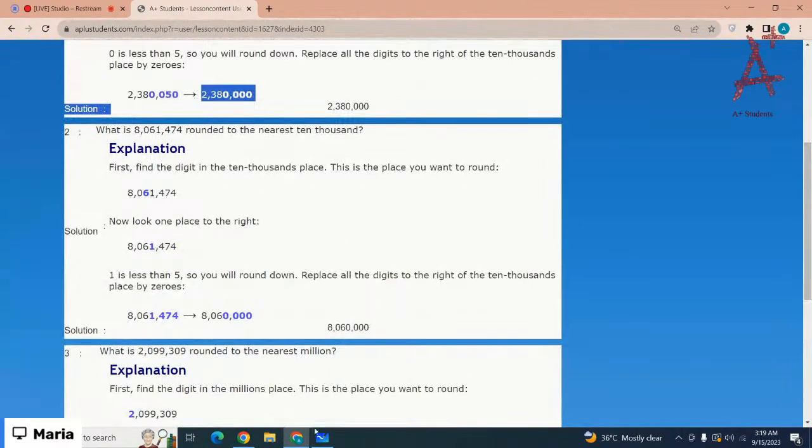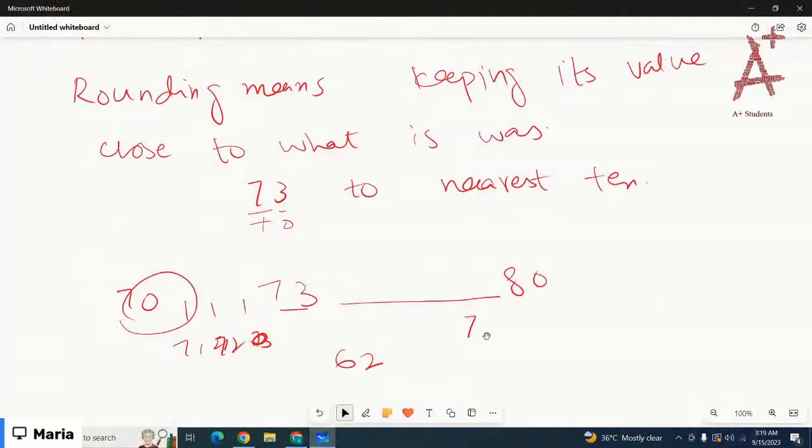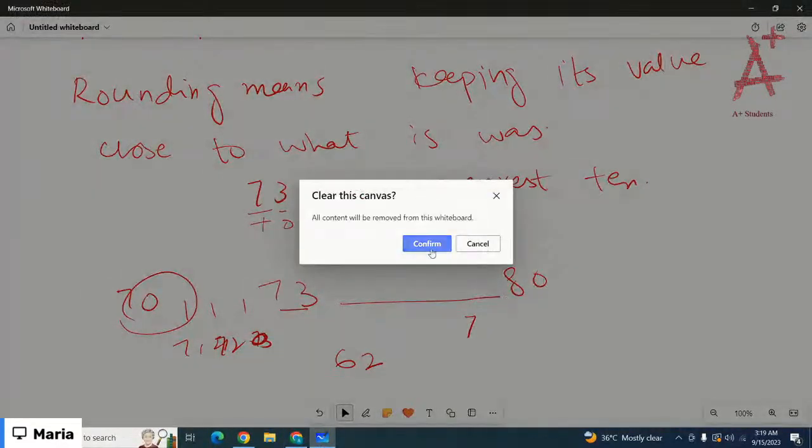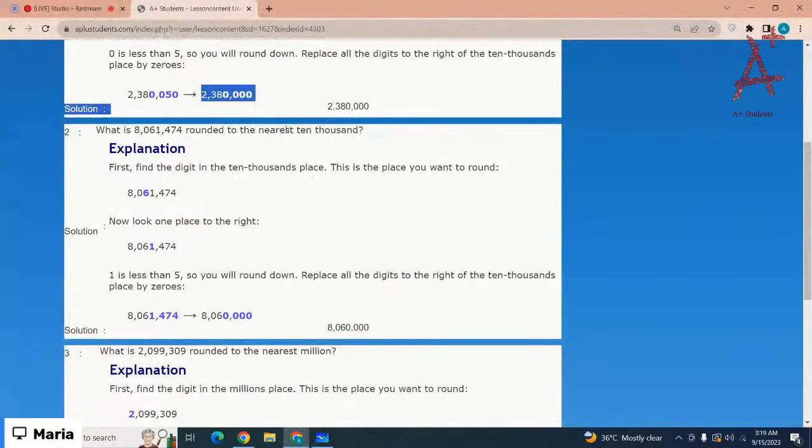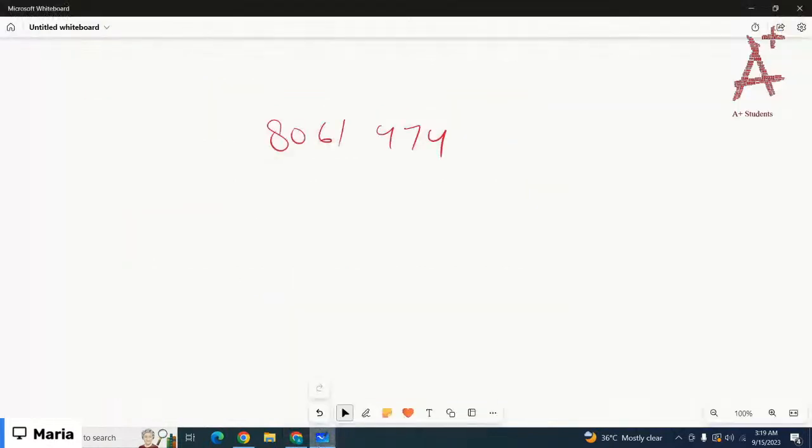Okay, the next one is 8061474. The question is to round to the nearest 10,000. First of all, you have to see which digit is at the 10,000 position, right? That would be 1, 10, 100, 1,000 and 10,000. On the 10,000 place, you have 6, right?